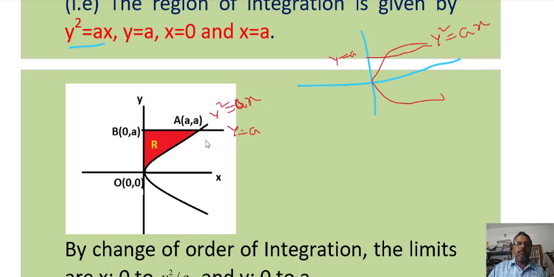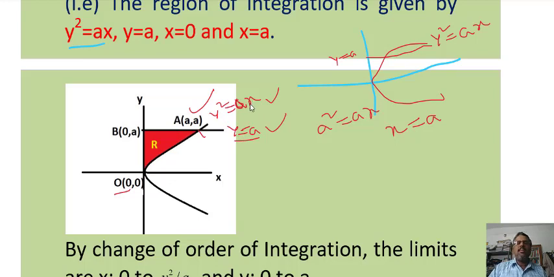Also, if you find the point of intersection of these two curves, suppose you put y equals a in this equation, then a squared equals ax, so x equals a. The point is x equals a and y equals a. This is the point of intersection of the straight line and the parabola. This is point A. The parabola passes through the origin, we know this.